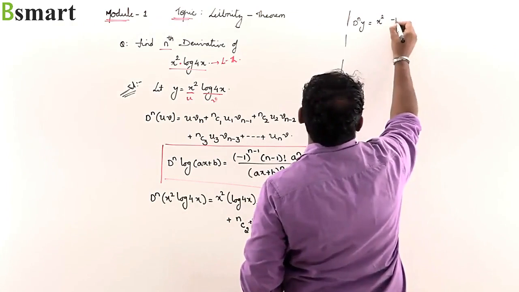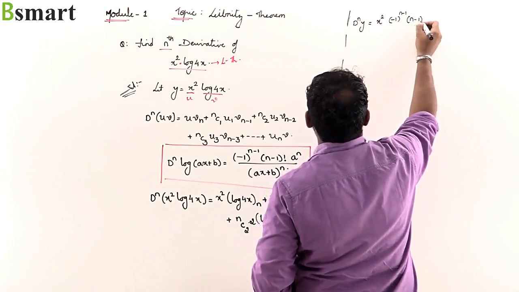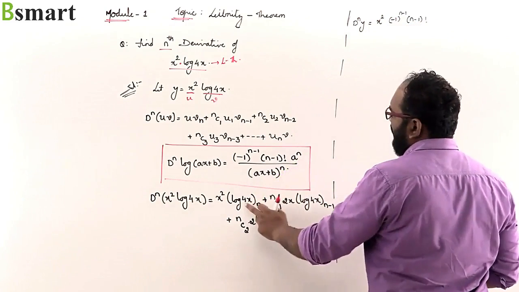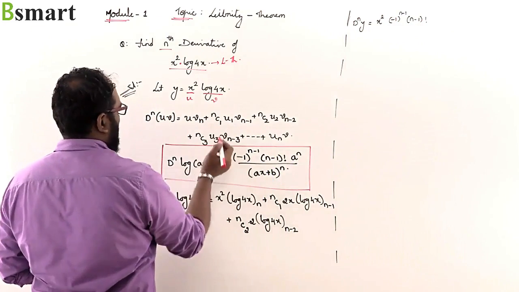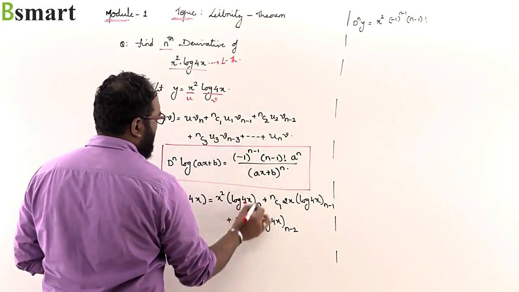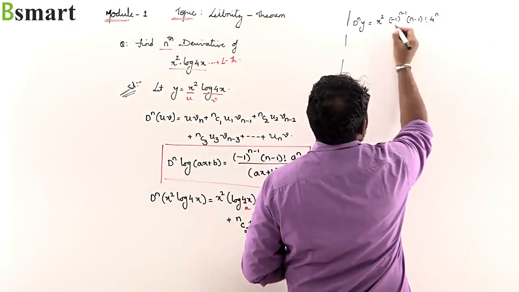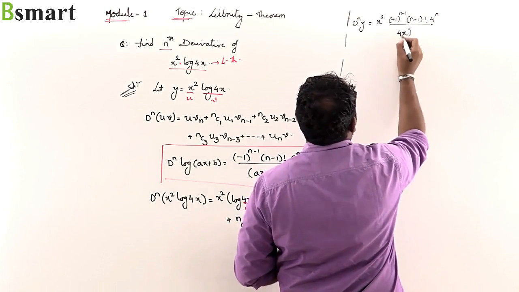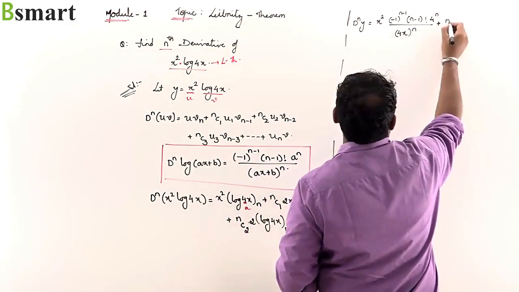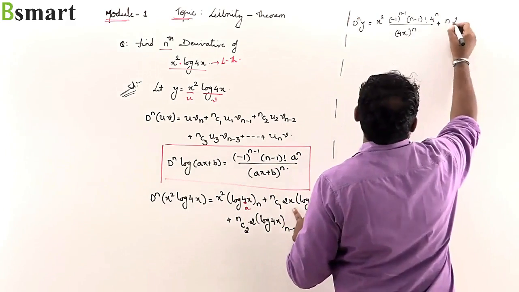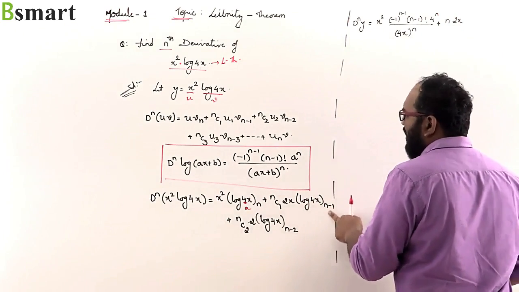So then that is minus 1 to the power n minus 1 into n minus 1 factorial into 4 to the power n by 4x whole to the power n, plus nC1. The value of nC1 is n, into 2x into the n minus 1th derivative of log of 4x.